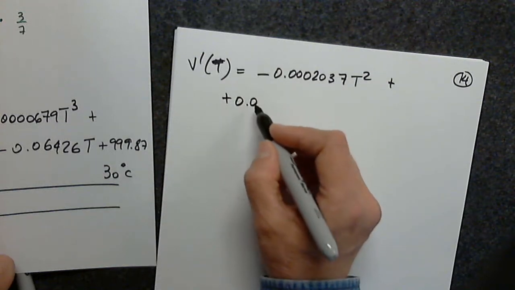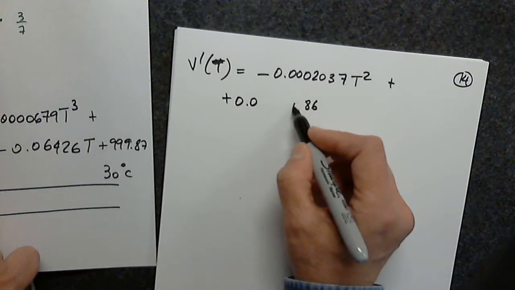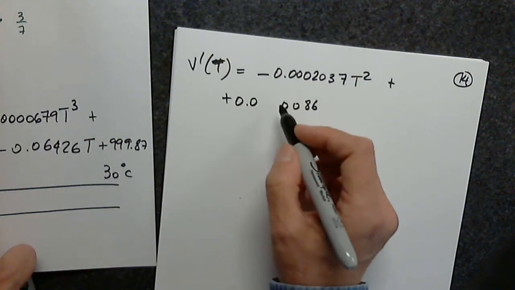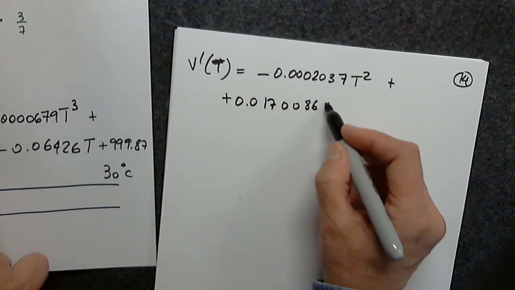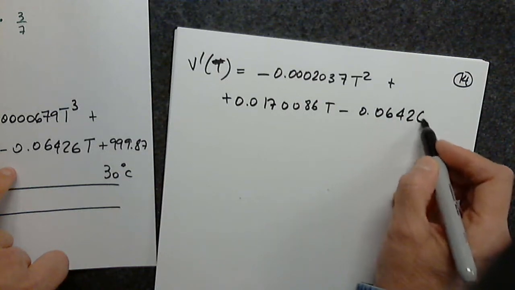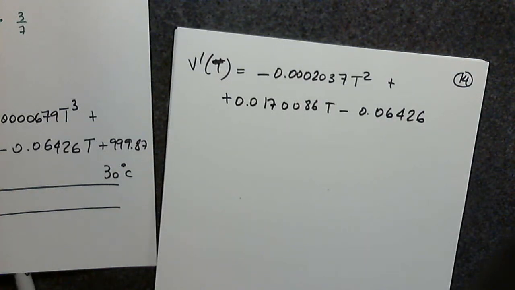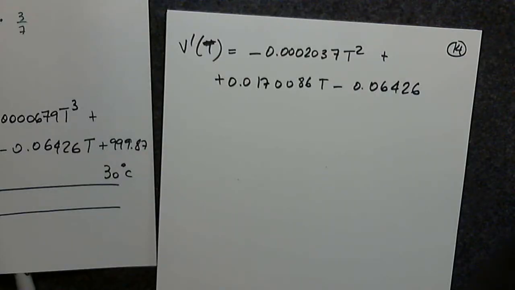Plus 0.0. So let's see, this is 6 and 8 and 0 and 0 and 16, 17. Yes, and t minus 0.06426. This is what I got. And if you got something else, you may be right, I may be wrong. So let me know. Did we get the same thing?